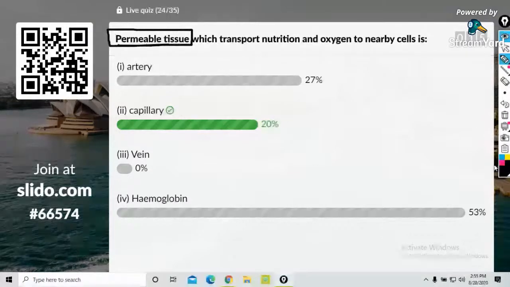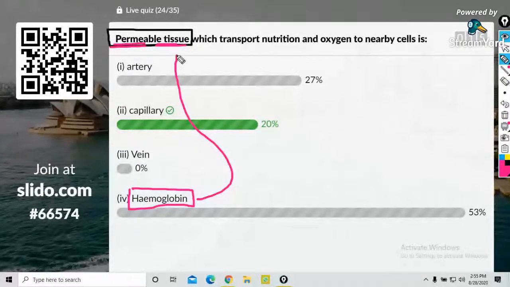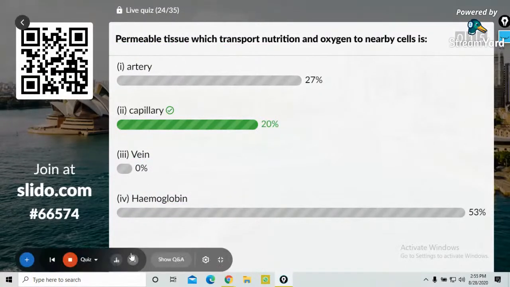Who taught you that hemoglobin is a tissue? Which teacher taught you hemoglobin is a tissue? A permeable vessel: artery, capillary, veins, they are used for the transport of nutrients. Guys, hemoglobin is a pigment.